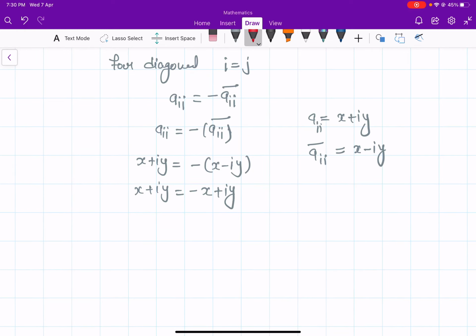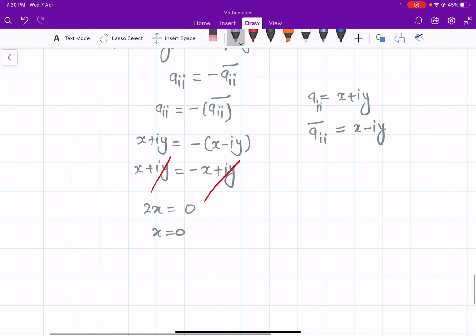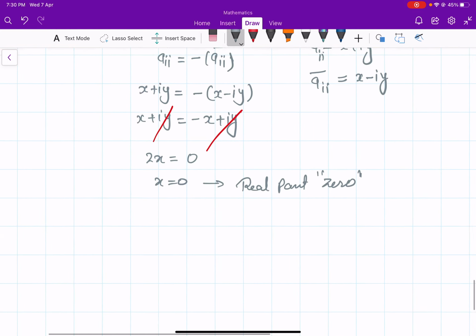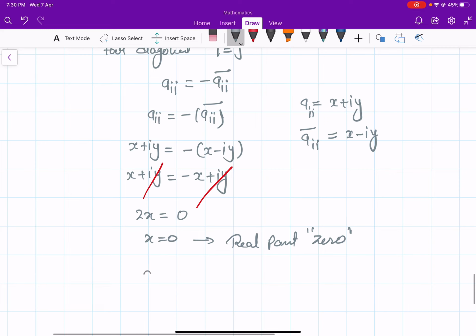So this iy will cancel out, so we will get 2x is equals to 0 or x is equals to 0. So you can say here real part is 0. Real part is 0, then we can say that A will be iy.